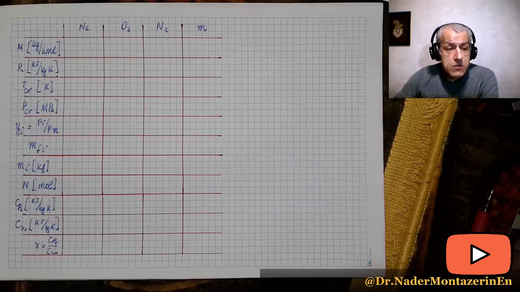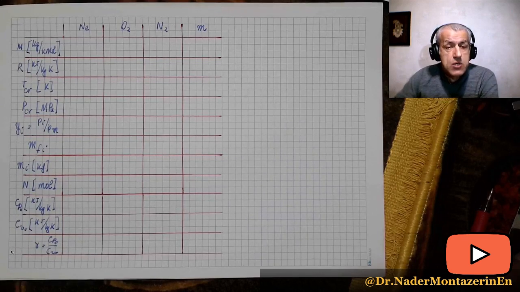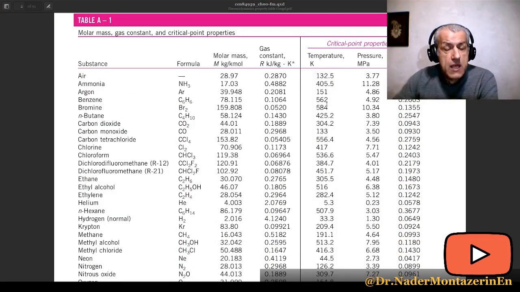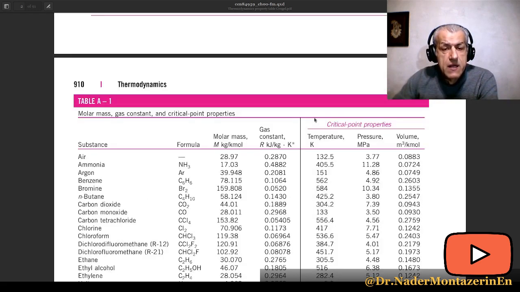These are basically what we need, and the first step we should take is to just go to the tables and see what they can offer us. There are two tables which are usually in every book. The one I have selected gives, for different gases, the molar mass, gas constant, and the critical point properties: temperature, pressure, and specific volume.